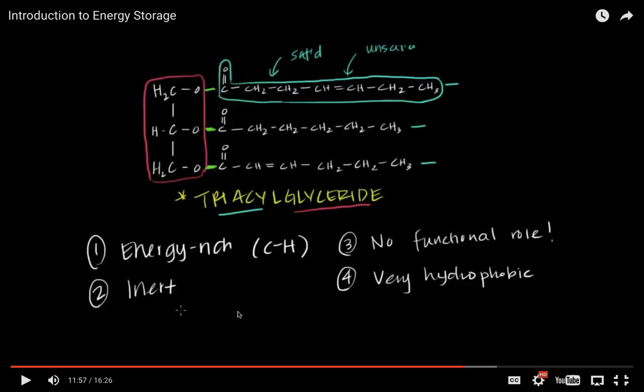So for fats, I think the most common type of fat that we store in our bodies is called triacylglyceride. I think that's how you pronounce it. Yeah, it's triglyceride. Okay.